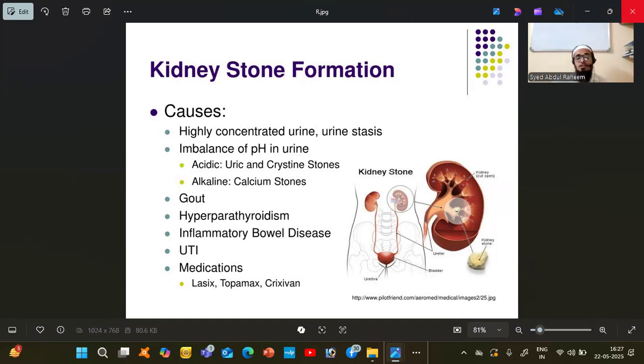Next, the investigation of choice is NCCT. To see the exact location, to know how big the stone is, and whether there are any other issues related to the kidney, ureter, urinary bladder or urethra, you need to do CECT abdomen.